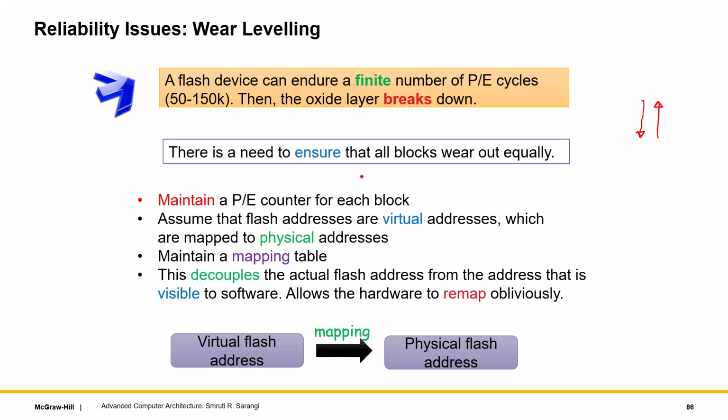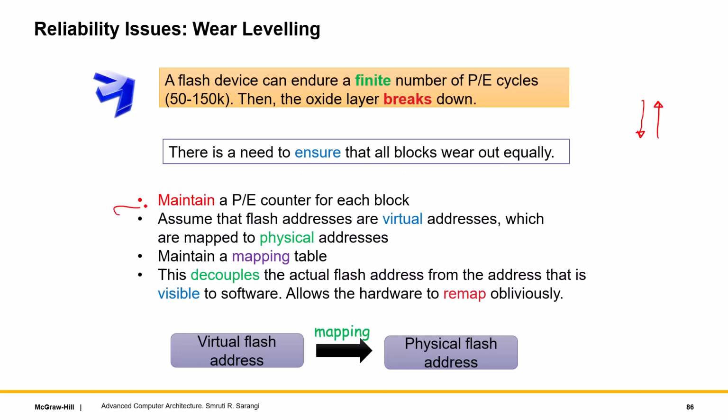So this basically means that the blocks wear out or age, and the moment they reach this limit, they totally die. So that is why we would want the wearing out of blocks to happen equally throughout the flash device, such that no single physical block wears out at a higher rate than others.